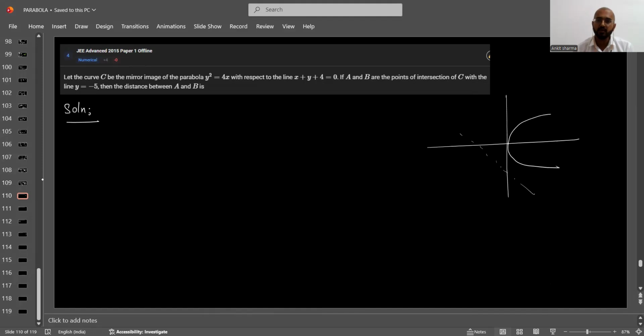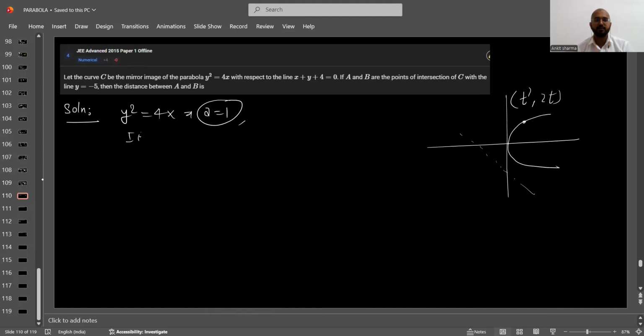So what we will do, we'll just take a point on this parabola. If I compare here, I have y square is equal to 4x. So from here I get a is equal to 1. So the point here is going to be simply t square comma 2t.